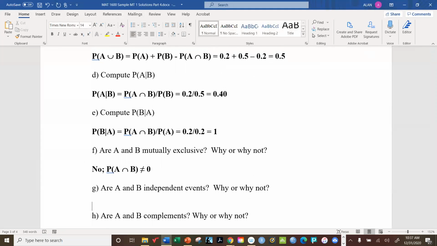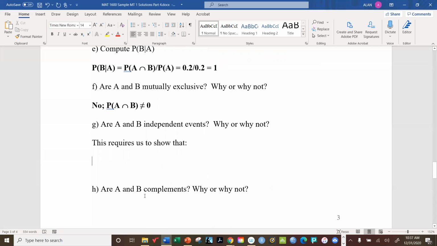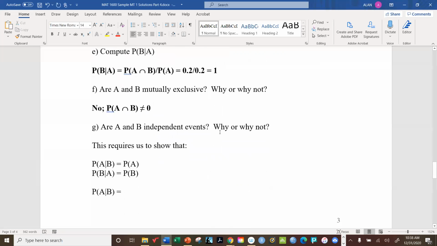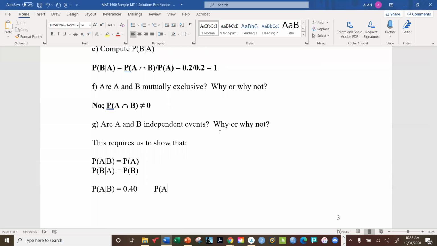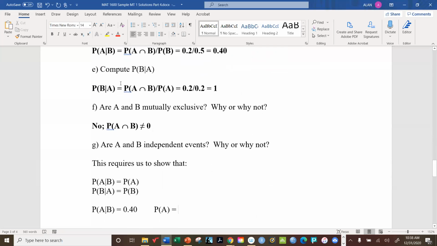Now, are A and B independent? Okay, this requires us to show that, as we've seen before, two things are true. The probability of A given B must be equal to the probability of A, and the probability of B given A is the probability of B. Well, let's find out if that's true or not. This first one, the probability of A given B, we've already proven, is 0.4, and the probability of A, we were told in the beginning, it's 0.2.